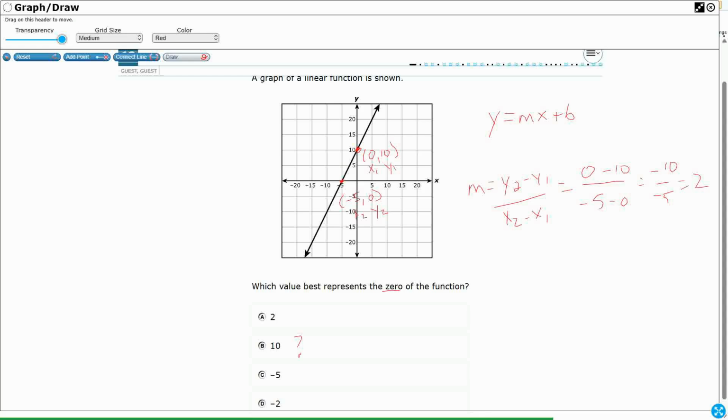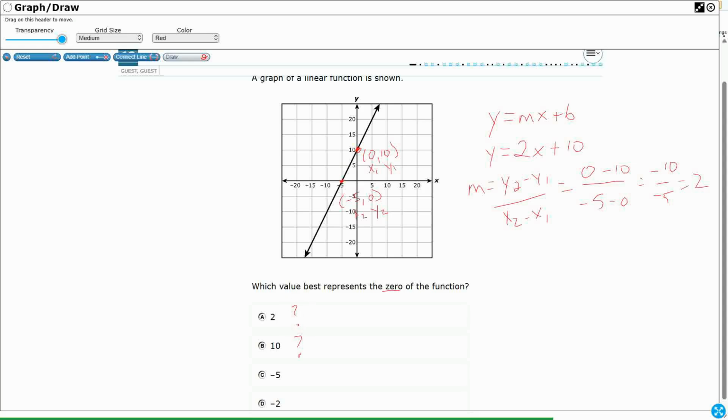It is moving up from left to right, so positive slope makes sense. So we could write it in slope-intercept form. Might not help us, but that's something we know how to do with linear equations if we don't know what 0 is. So our slope is 2, and our y-intercept is 10.